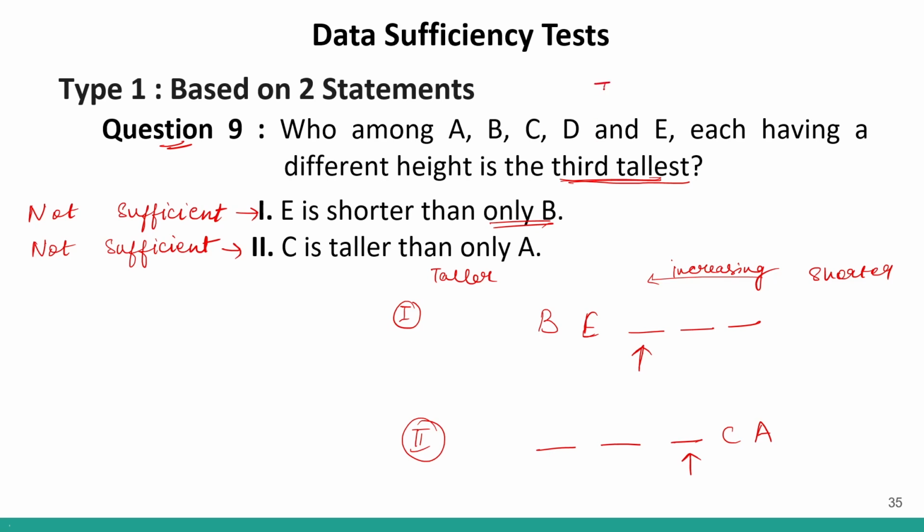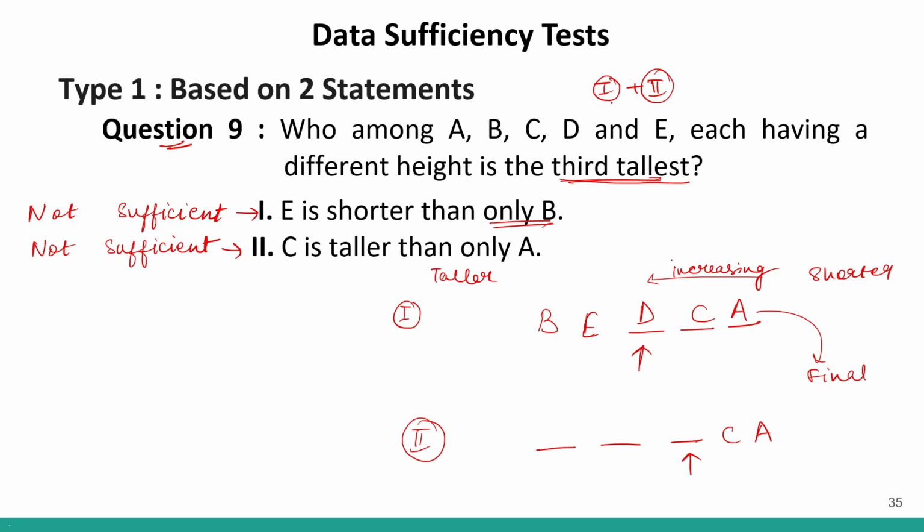Now let me combine statement 1 and statement 2. If I combine statement 1 and 2, I know B is sitting over here. I can see C, A are sitting over here. The only one remaining is D. So I can place D over here. This will be my final arrangement based on statement 1 and 2. Correct?